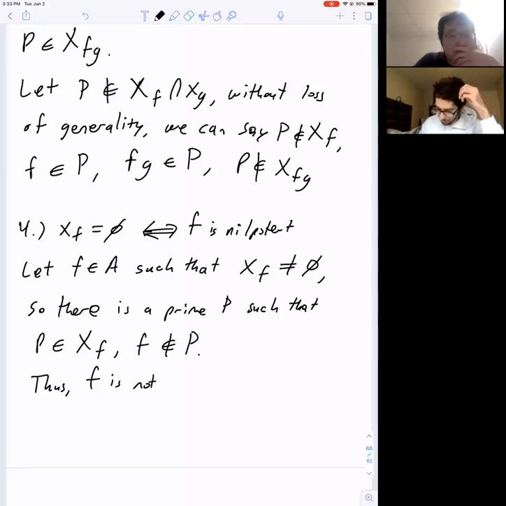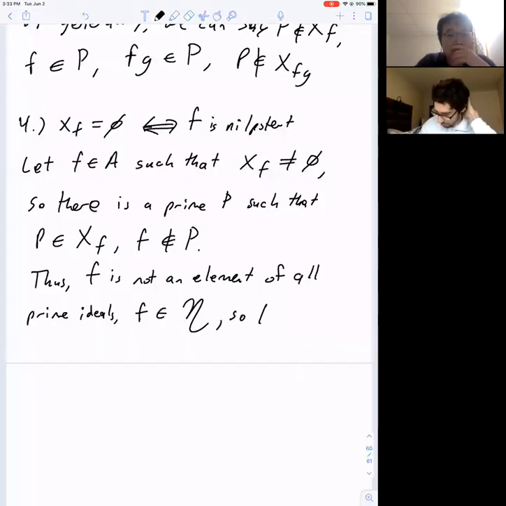That means f is not in the nilradical. It can't be in the intersection of all prime ideals. So f is not nilpotent.